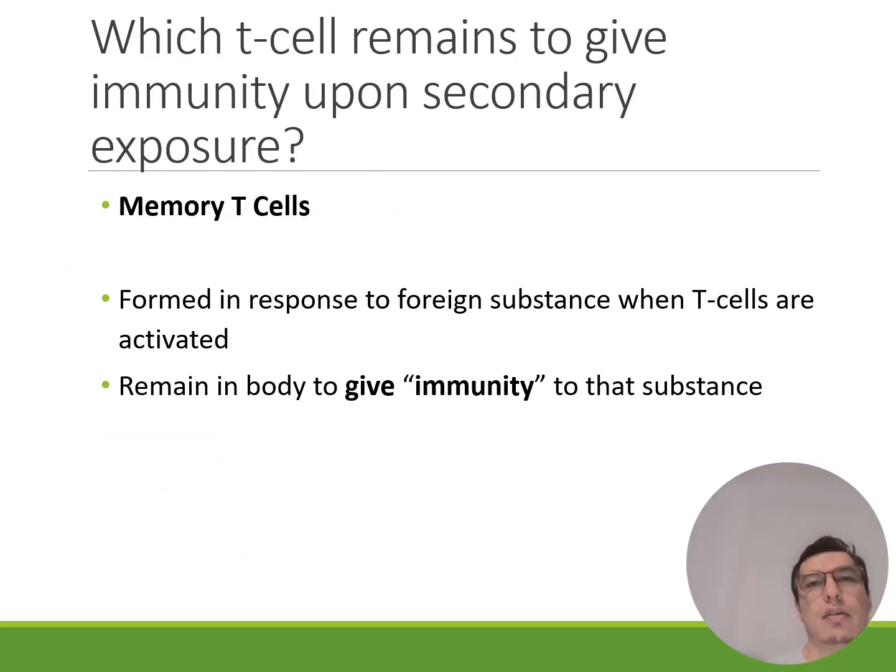Which T cell remains to give immunity upon secondary exposure? So as we mentioned, we can have memory cells once the cells are activated. So we have lymphocytes, and we're going to focus mostly on T cells and B cells.